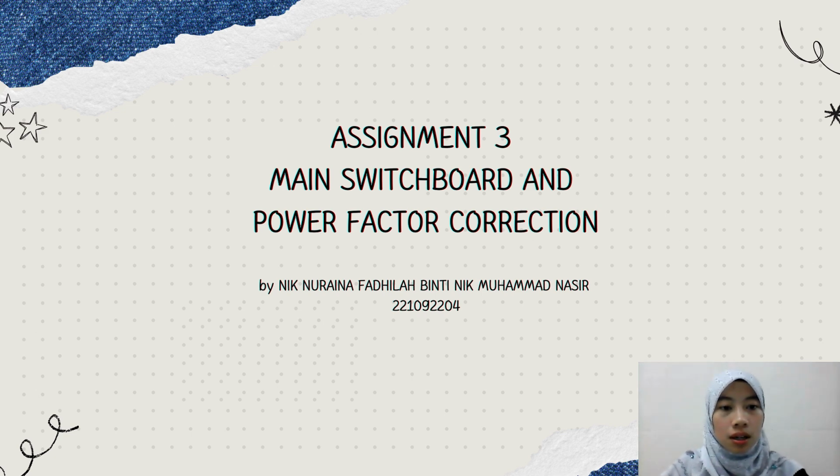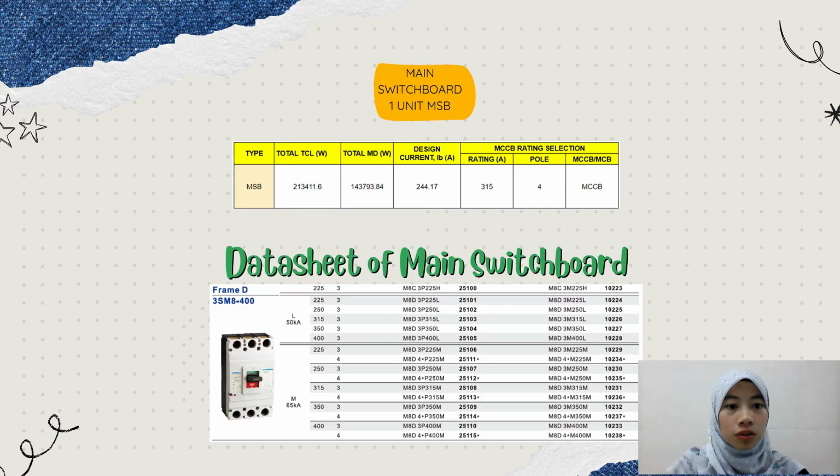So, next, you can see the first table, an example of the Excel that we use at SM3 to calculate the current design for IB at the main switchboard. The rating that we select for the current MCCB is 315 ampere and four pole.